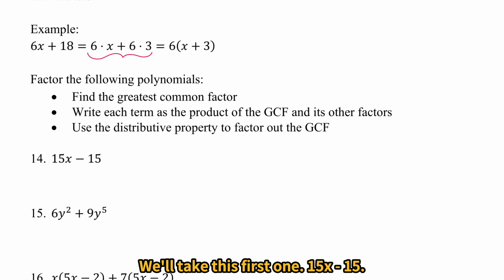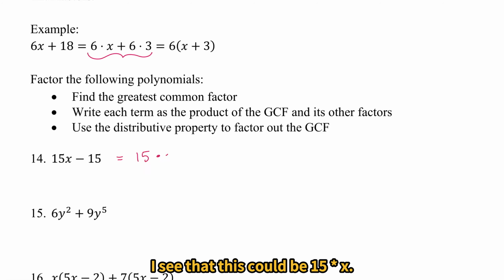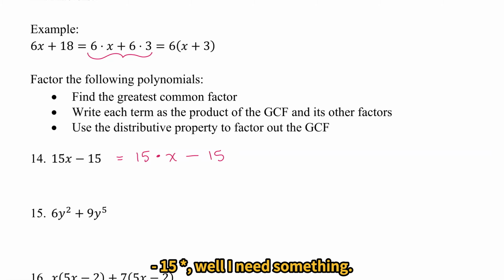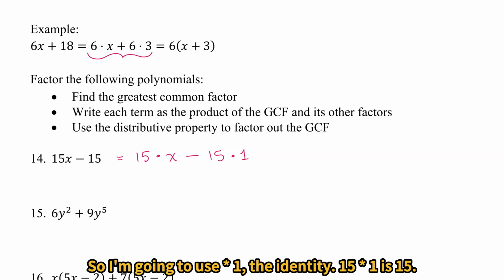So we'll take this first one, 15x minus 15. I see that this could be 15 times x. I see the greatest common factor is 15. Minus 15 times, well, I need something. I can't just leave it as 15. So I'm going to use times 1, the identity. 15 times 1 is 15.